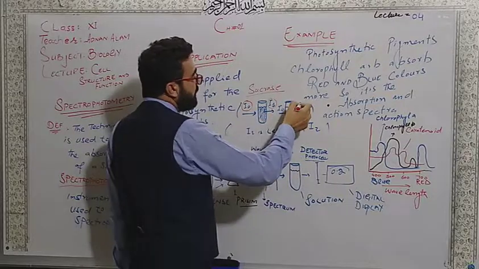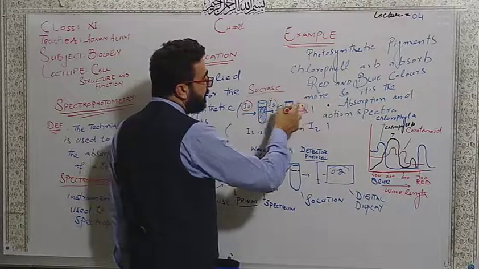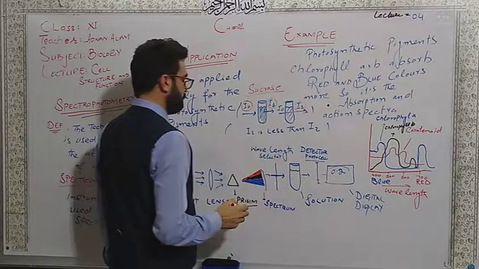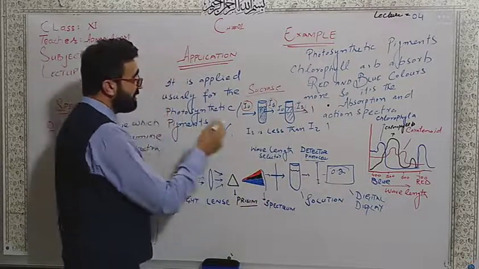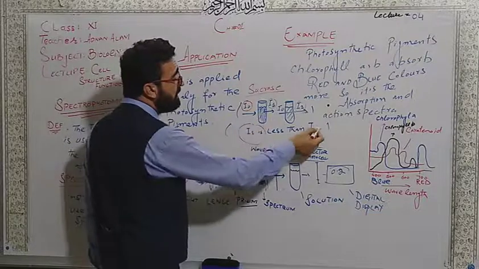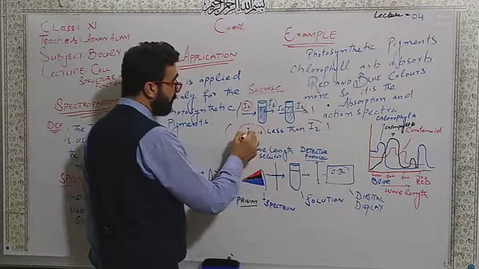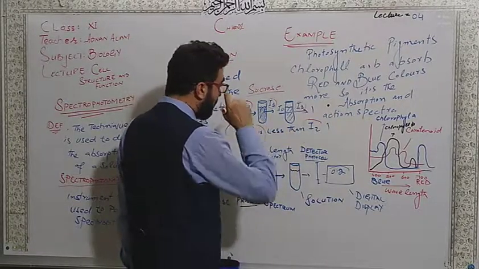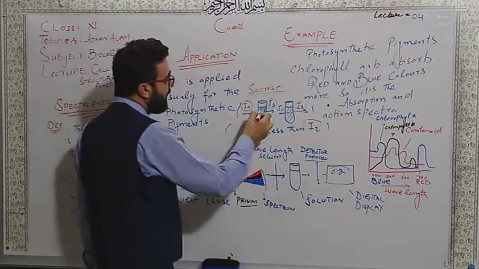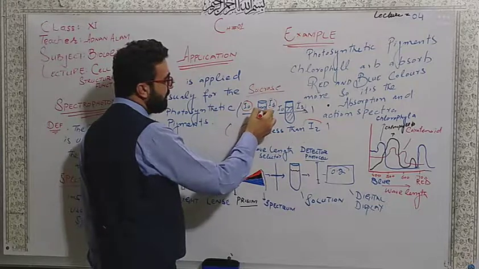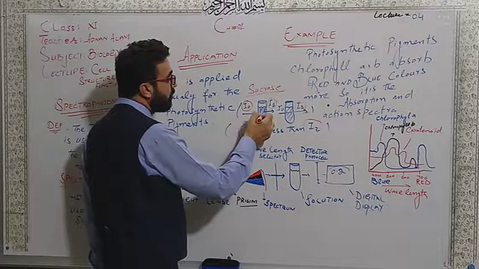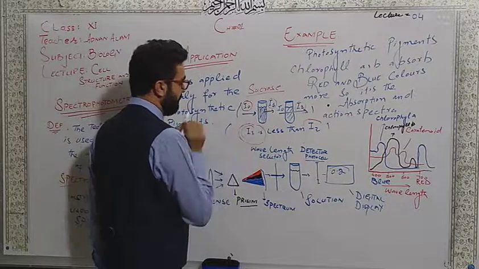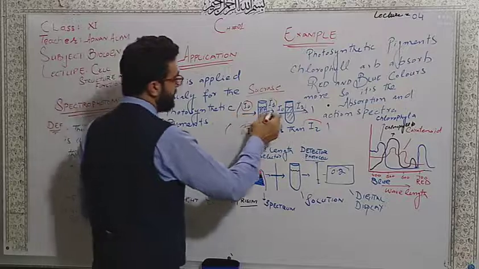The light which comes out is denoted by I2. Now the I1 amount is less than the I2 amount. Why? Because there are more particles present, which are colliding with the photons and do not allow the light to pass.